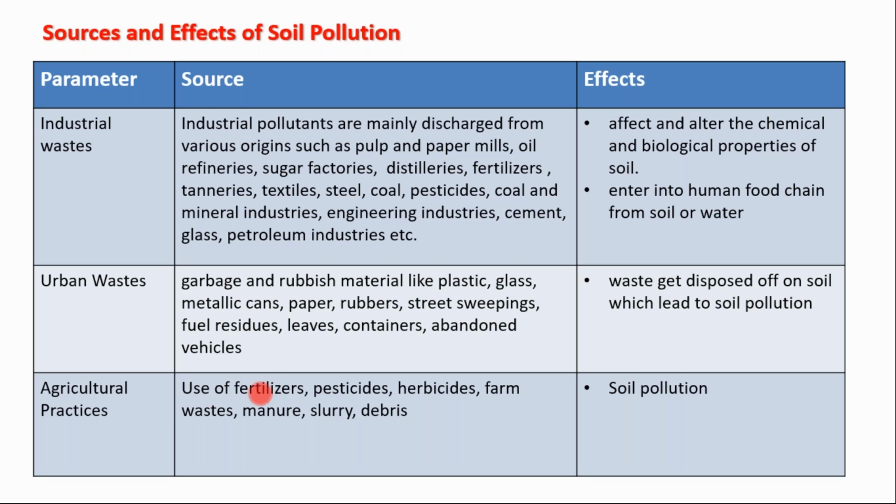Then the next one is agricultural practices. Due to the use of fertilizers, that is NPK, nitrogen, phosphorus and potassium contaminants, then pesticides, which are toxic and poisonous chemicals used to kill pests in agricultural activities, then herbicides to kill the herbs, which are again toxic and poisonous chemicals, and the farm waste, that is agricultural waste after completion of the agricultural products, then manure, slurry and debris.